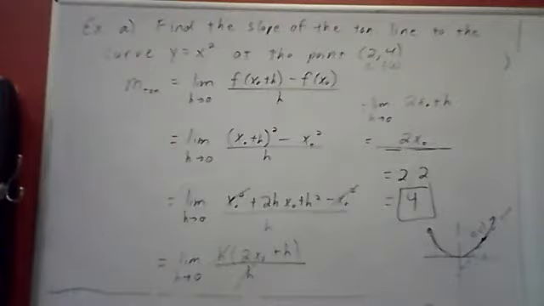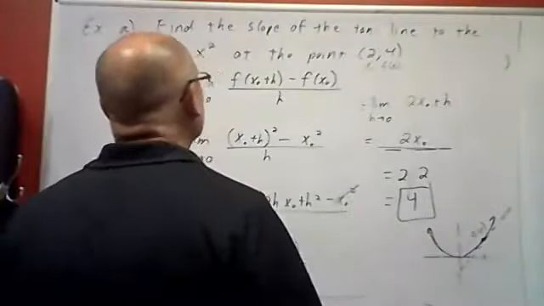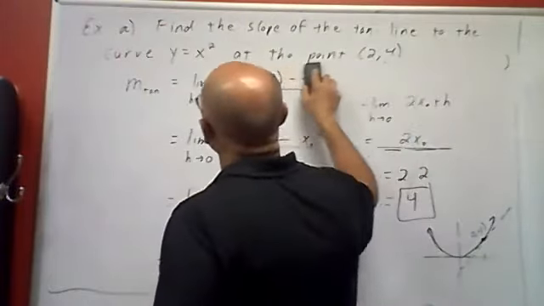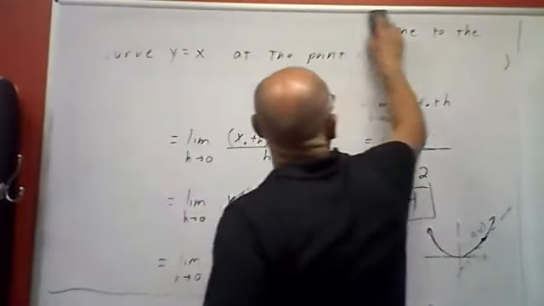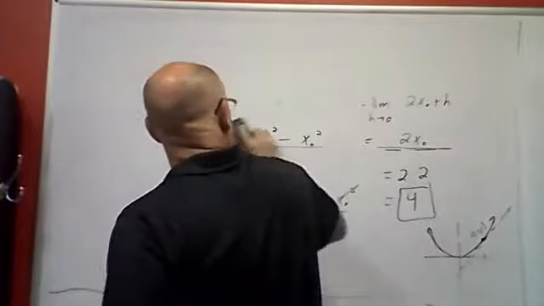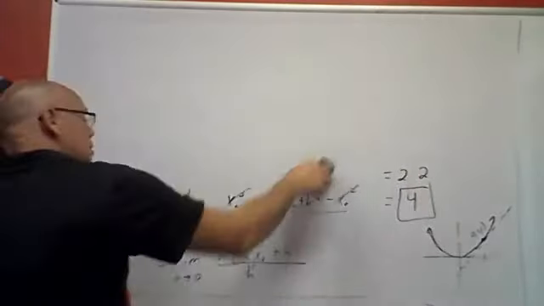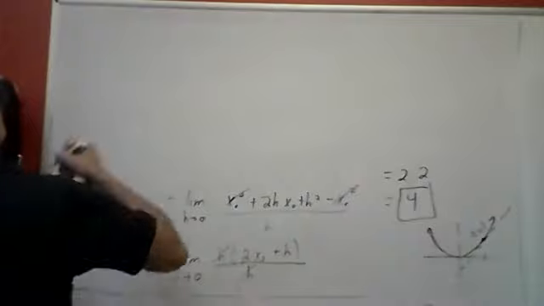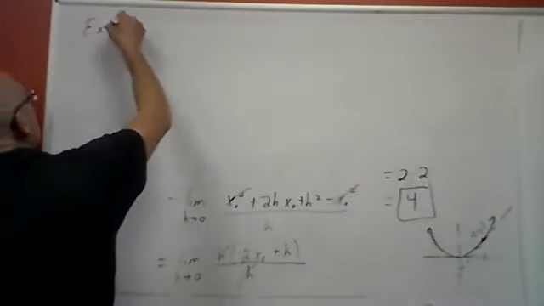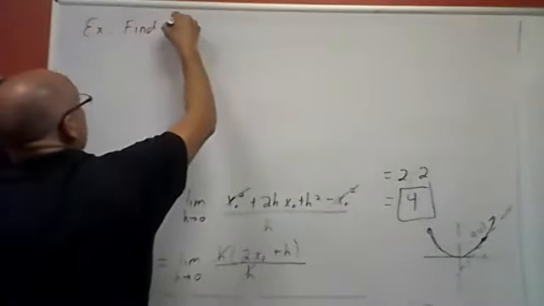All right, part B. Part B says find the equation of the tangent line. Find the equation of this tangent line. So I just found the slope. Let's find the equation.